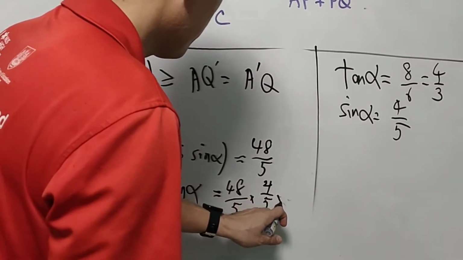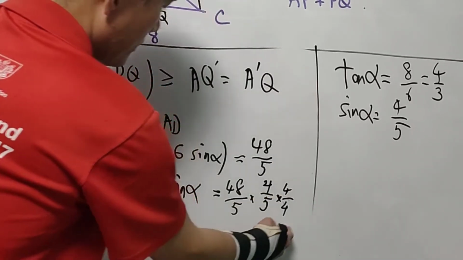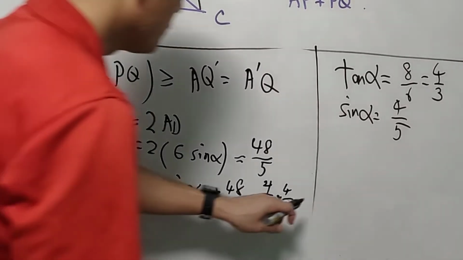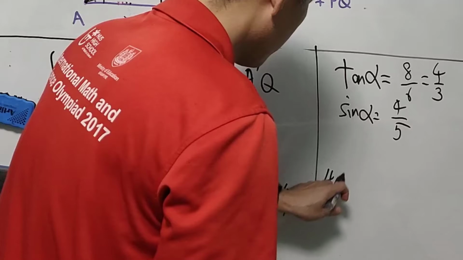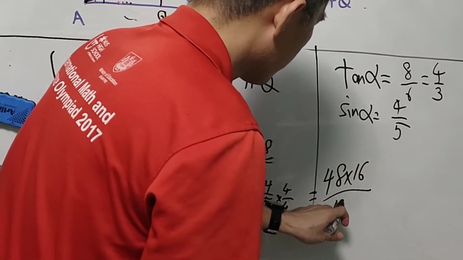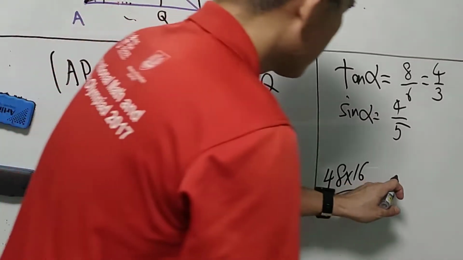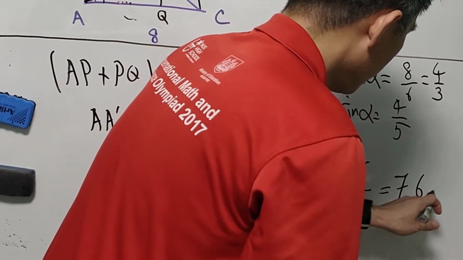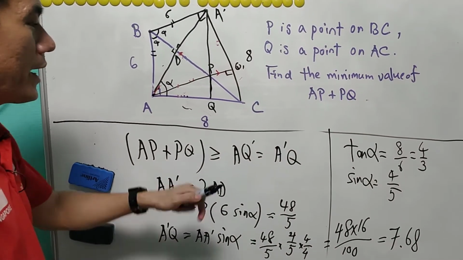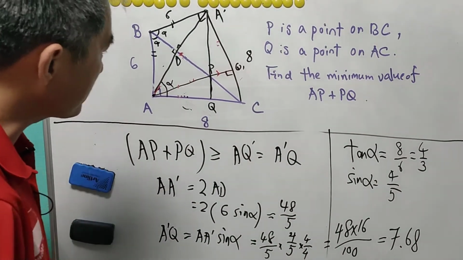And we can times 4 over 4 so that this denominator becomes 100, and this equals 48 times 16 over 100, and this is 7.68. So now we know that AP plus PQ must be at least 7.68.